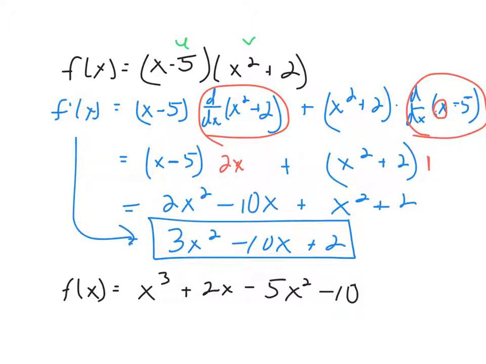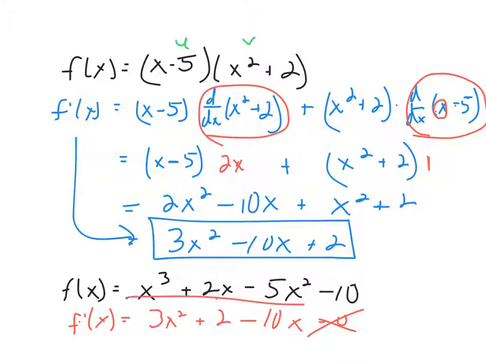Let's just take our derivative, and we're going to get f prime of x equals 3x squared for my first term, plus 2 for my second term, minus 5 times 2, bring the power out front, x, drop it by a power of 1, and then minus 10 would be 0, so I don't need that. And I'm ending up with 3x squared plus 2 minus 10x.